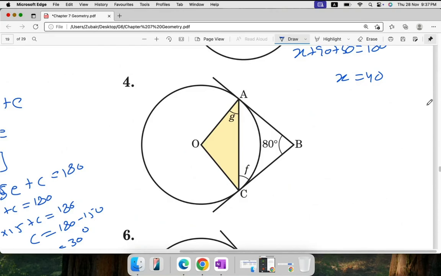Go for F first, only F. And see the property that BA and BC are both tangents from one point.